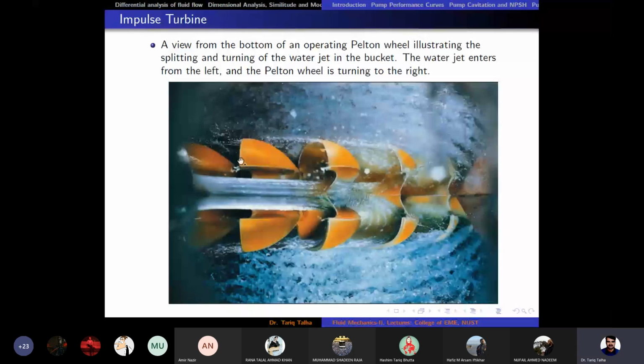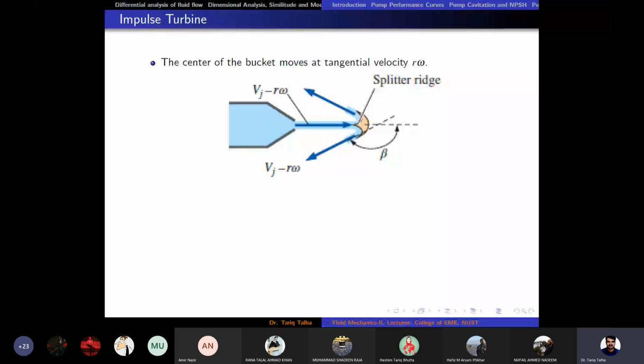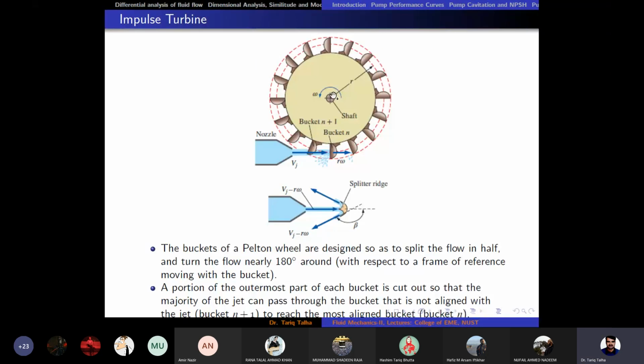Right. Now the center of the bucket moves at tangential velocity r omega. So what is r here? That is the mean radius, right? Because at the base of the bucket, the radius would be a little less as compared to the tip. But we are assuming that the wheel on which the bucket is installed has a very large diameter compared to the height of the bucket.